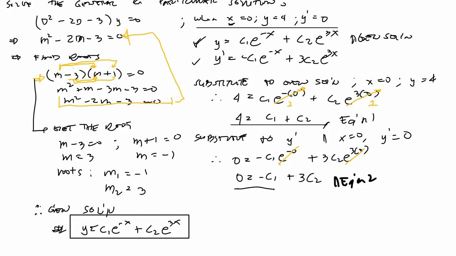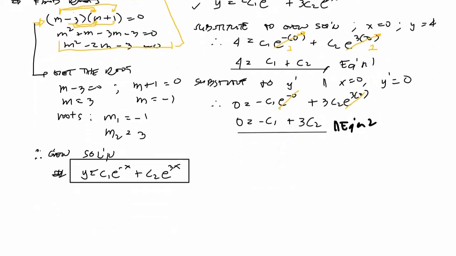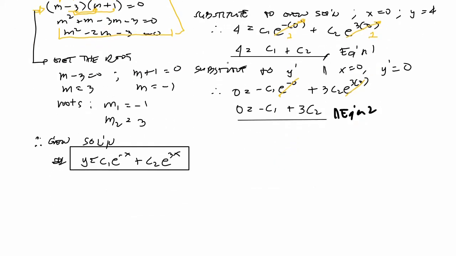So we can get the unknown values for C1 and C2 by substitution or by elimination, it depends upon you. Let's try elimination.